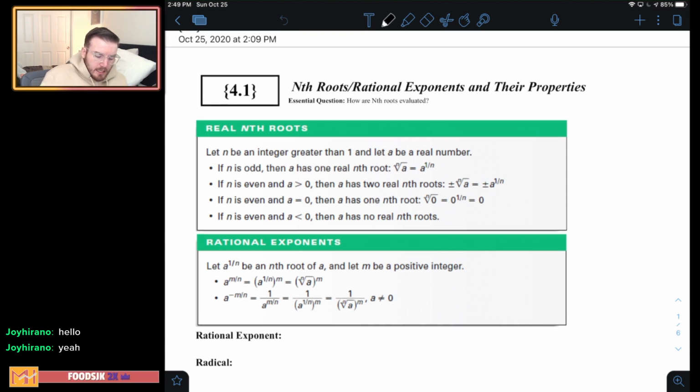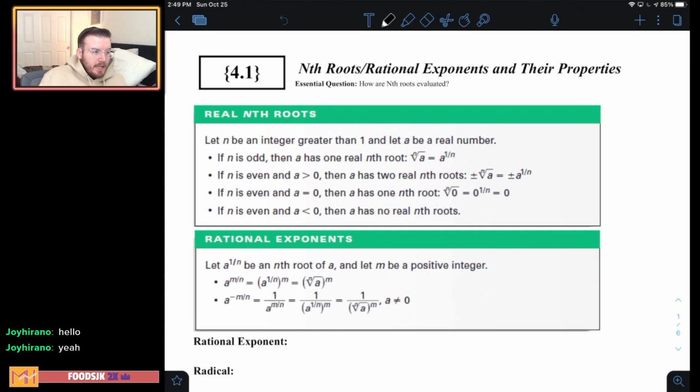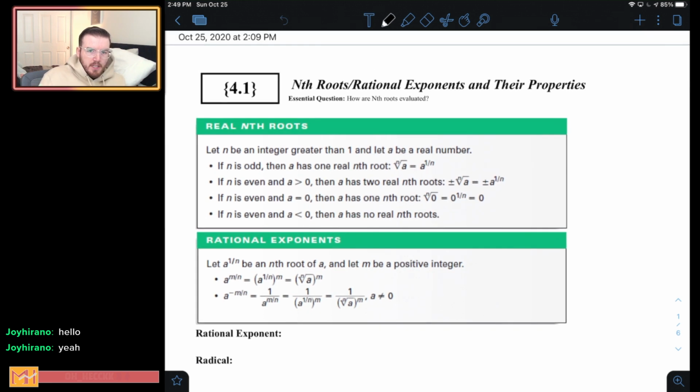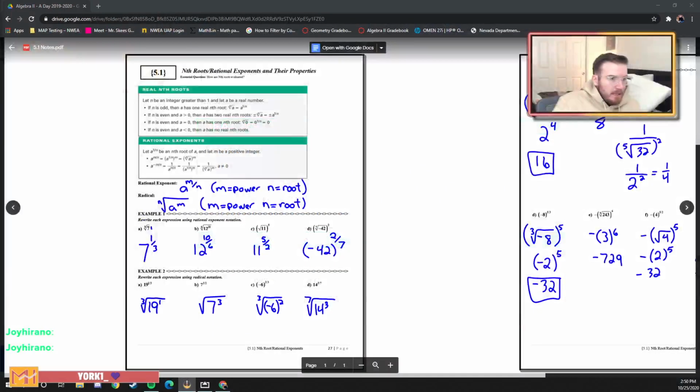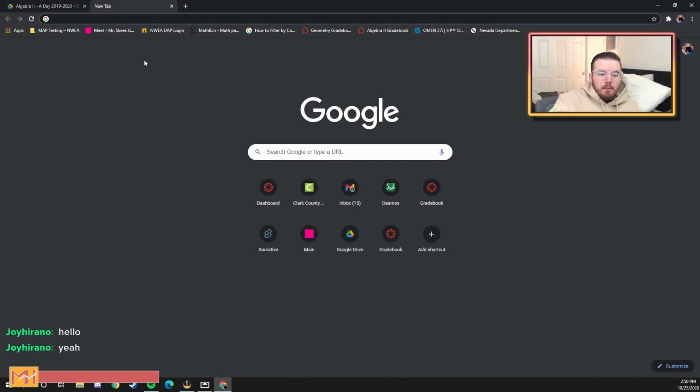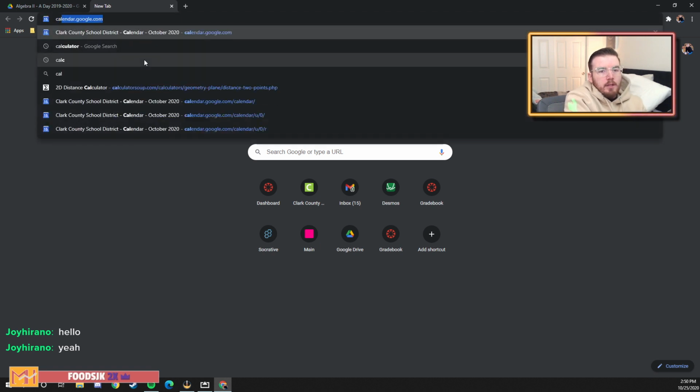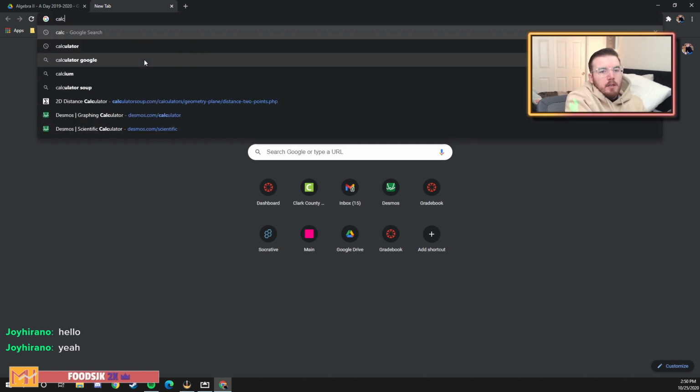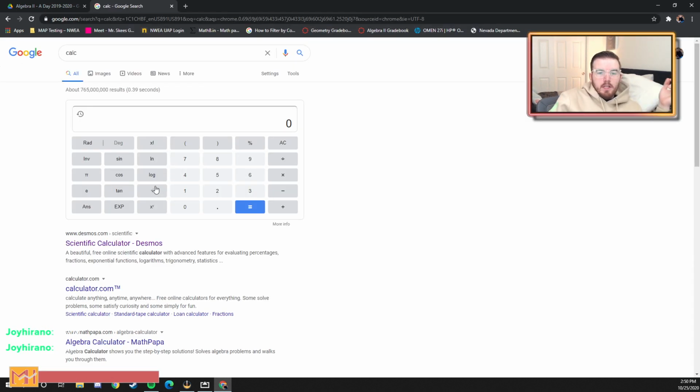This is a nice little breakdown of roots. Right here is the start of 4.1. We're used to square roots. We know that the square root of 4 is 2.